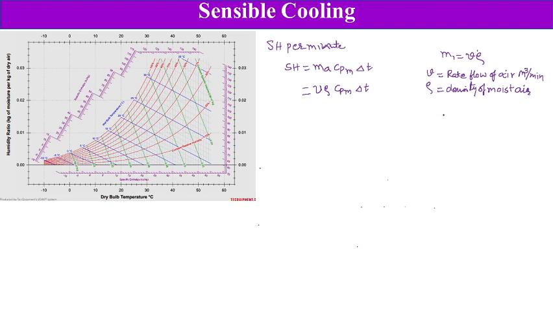So where CPM is nothing but humid specific heat, so density is taken as 1.2 kg per meter cube.